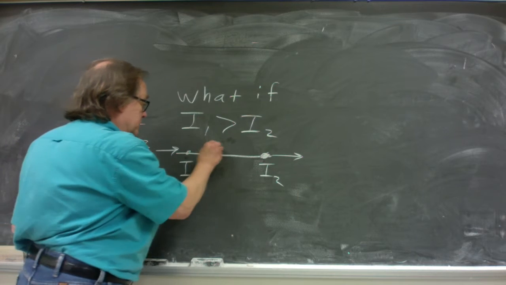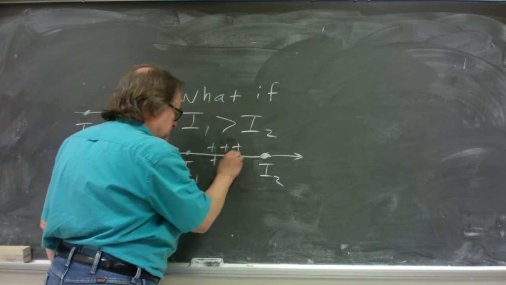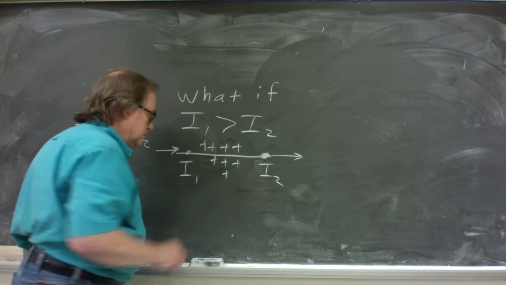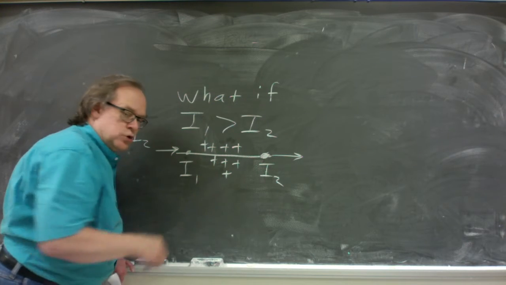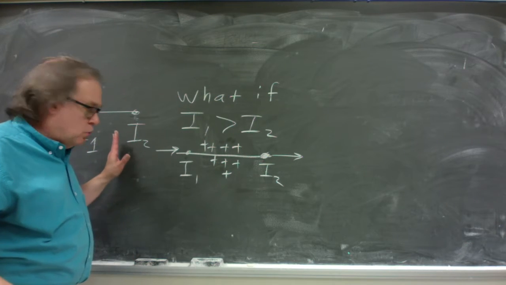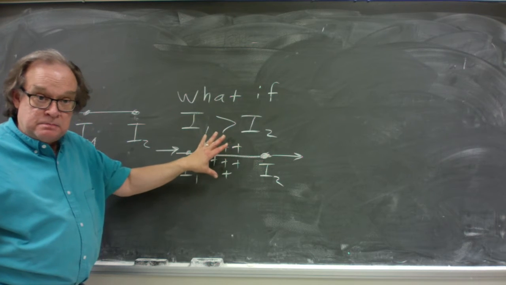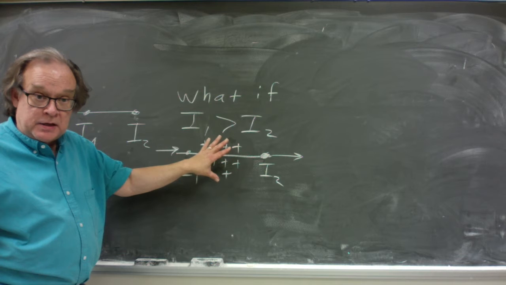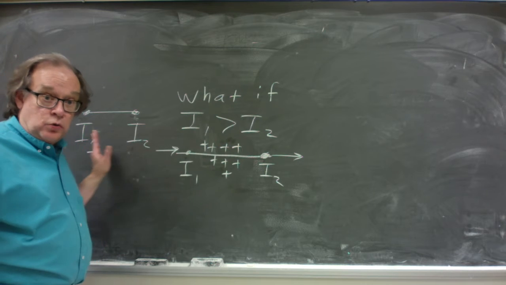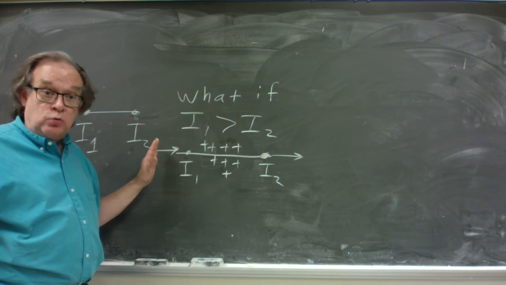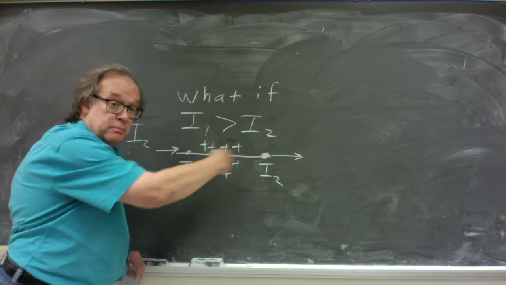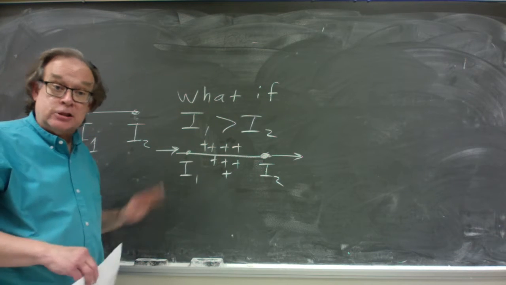So charge builds up here. And of course, what that means is that any more positive charges that are moving this way see this big pile of positive charge. So the charges that are trying to move this way will feel a repulsive force pushing them backwards. That'll slow them down.